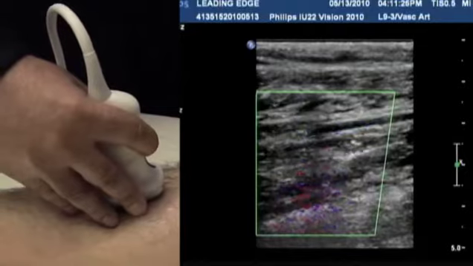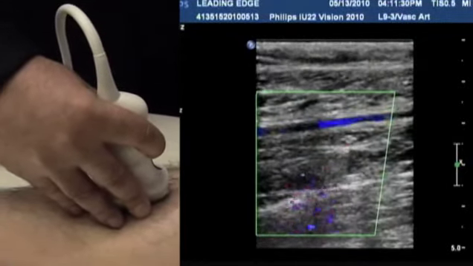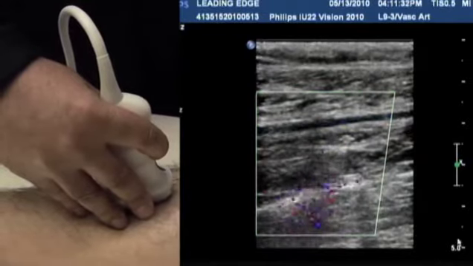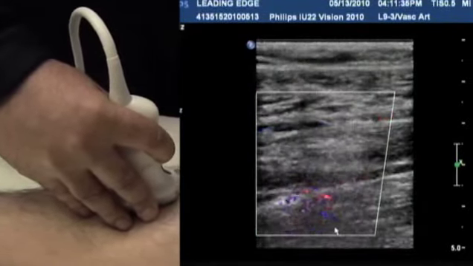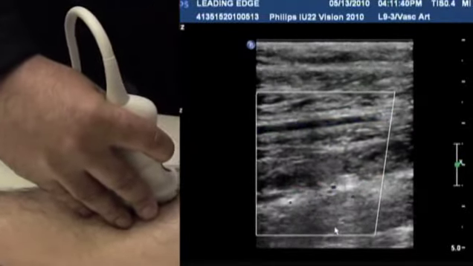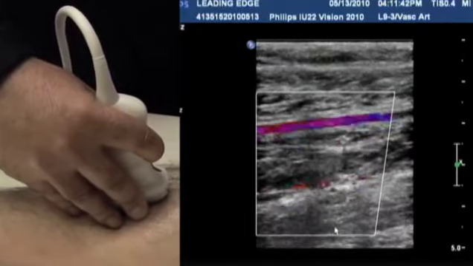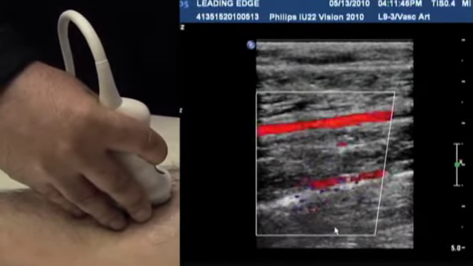There's the peroneal at the very bottom. I'm going to push down a little bit. There it is. So what you're seeing here is your peroneal artery and your posterior tibial artery in one image. So again, identify that groove in the leg, drop the transducer right in there and rock it back and forth medial to lateral until you identify the vessels of interest.